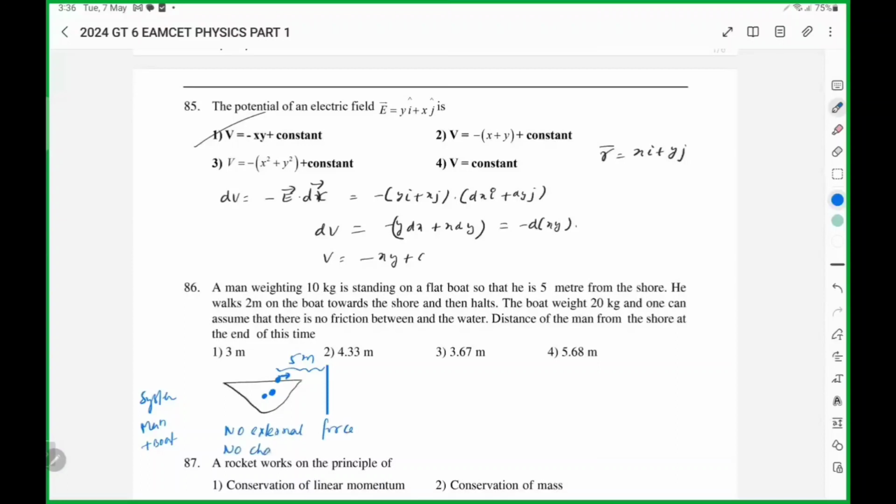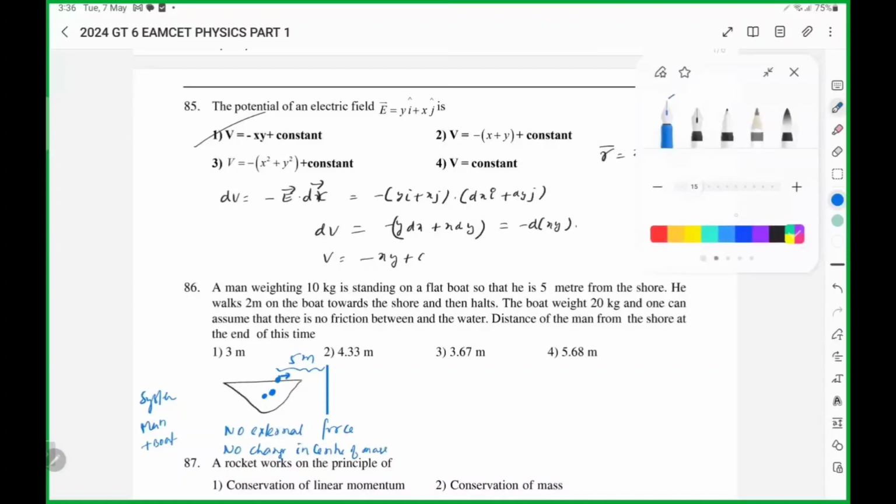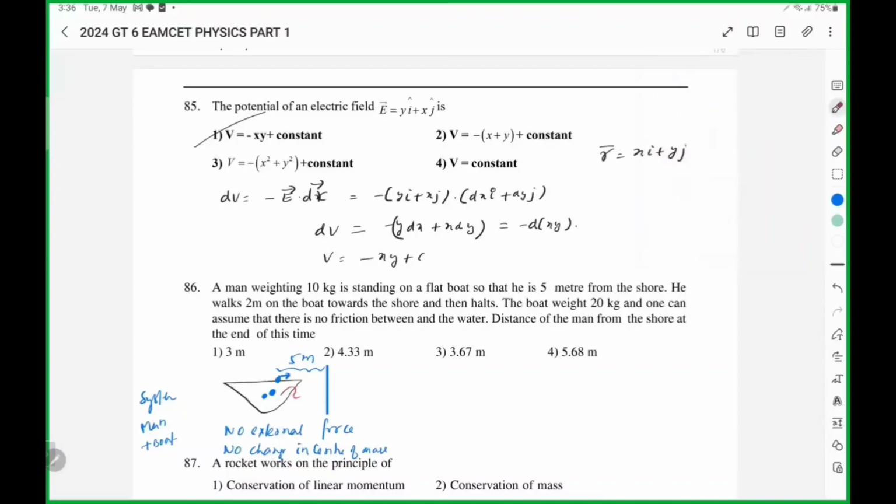Once there is no external force, there is no change in center of mass. So the center of mass must be here.